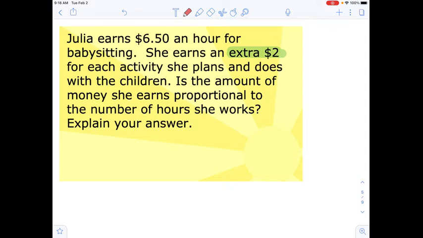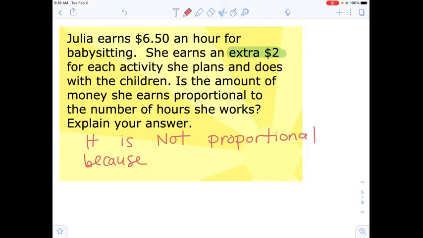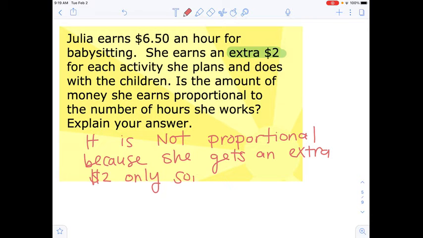So we're going to say for our explanation, it is not proportional because she gets an extra $2 only sometimes.